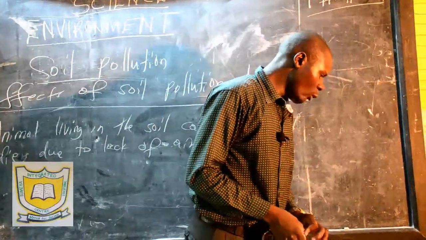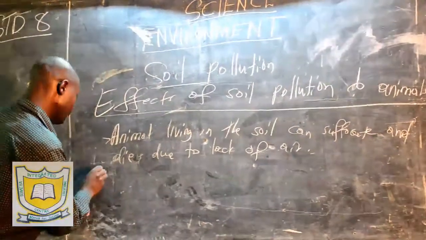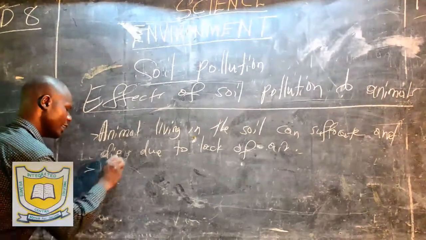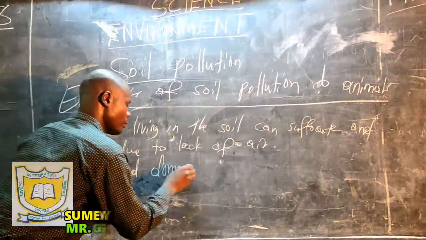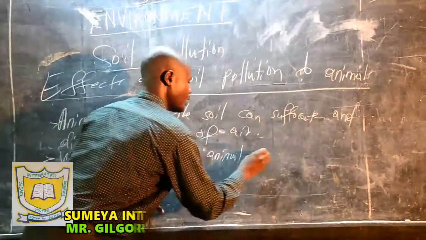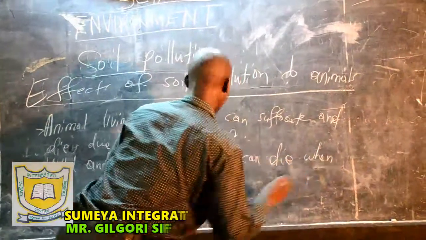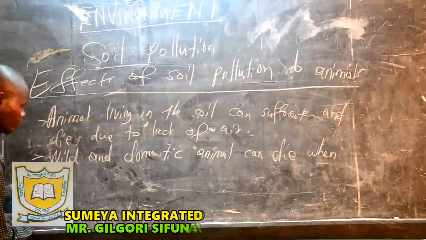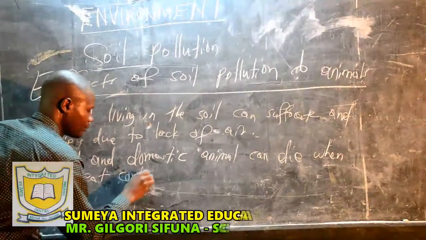Number two, wild and domestic animals can die when they eat contaminated soil.